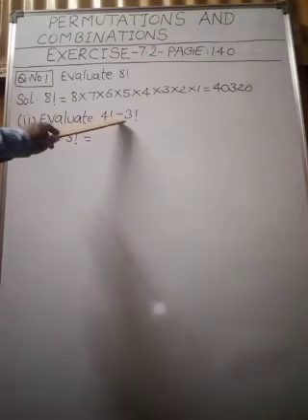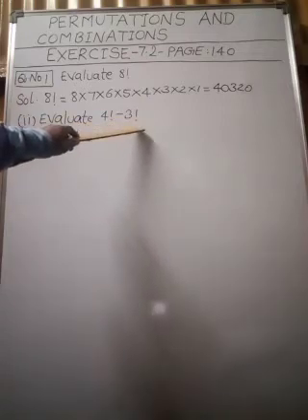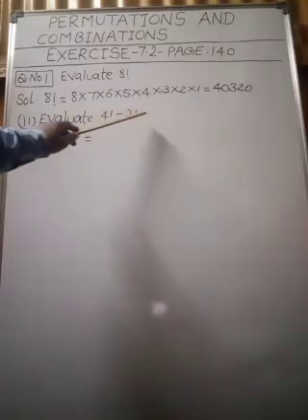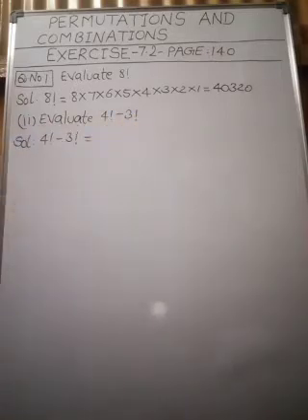Evaluate 4 factorial minus 3 factorial. Okay, my children, don't be confused here. 4 factorial minus 3 factorial is not equal to 1 factorial. Don't subtract the numbers like this.